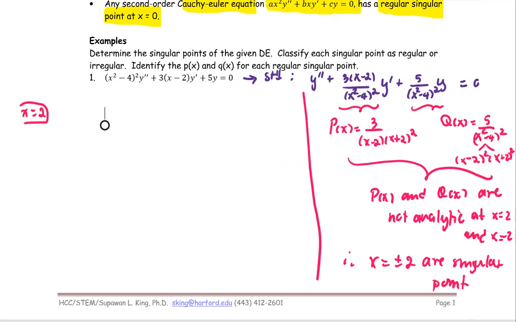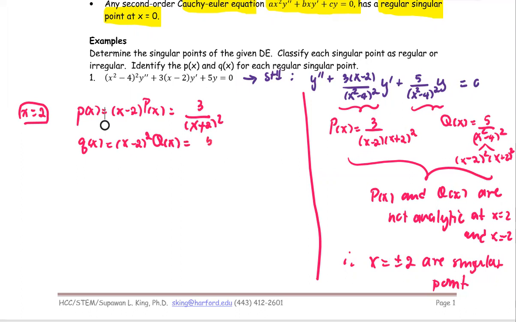For x equals 2, we form the lowercase p(x) function from (x minus 2) times the capital P(x), which gives us the function 3 divided by the quantity (x plus 2) squared, and the lowercase q(x) as (x minus 2) squared times the uppercase function Q(x) to get 5 over (x plus 2) squared.